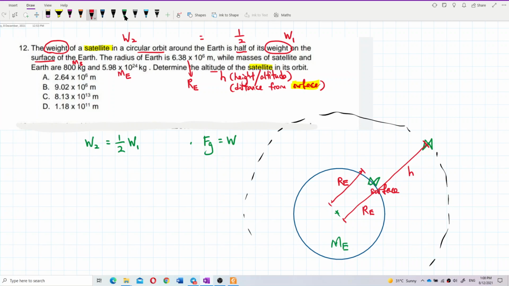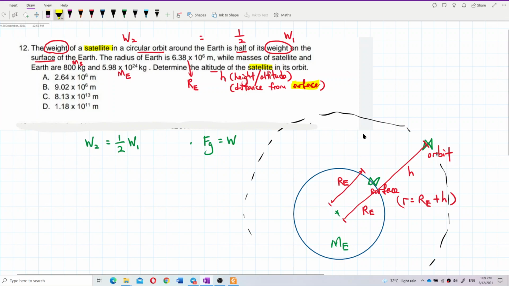So r equals radius of Earth plus h for a satellite in orbit. On the surface, the distance is just the radius of Earth, but at the orbit it is the radius of Earth plus h, plus the altitude.